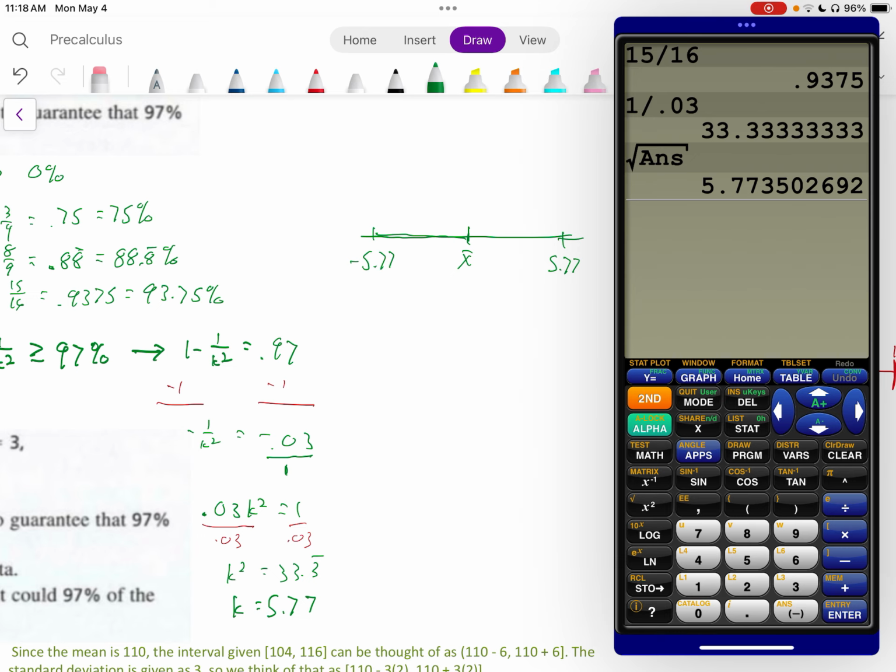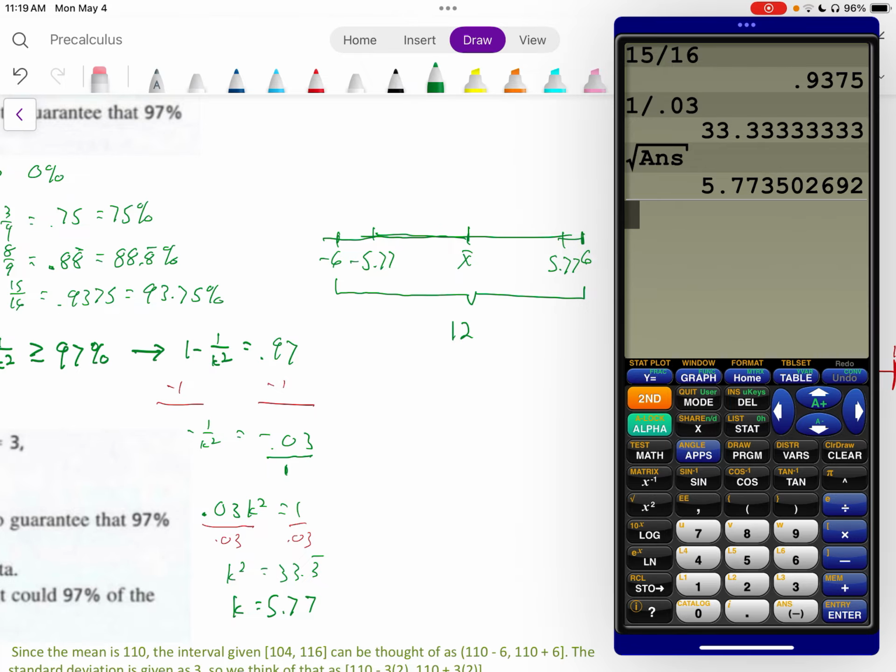So it says full, so we don't want to use decimals. So this needs to go out to 6. This needs to go out to -6. So how many full standard deviations are there from -6 to 6? And there are 12 full standard deviations.